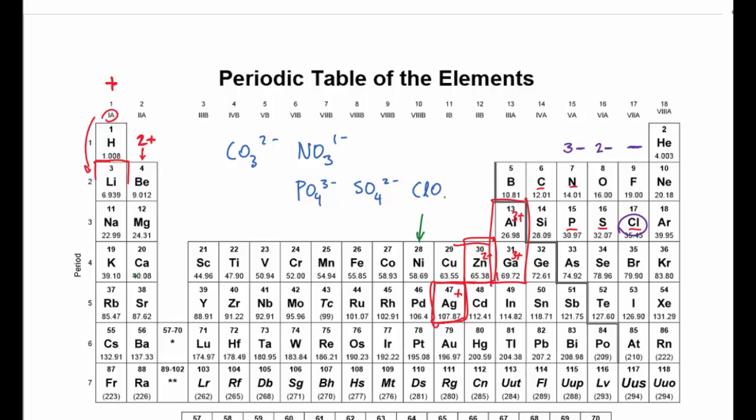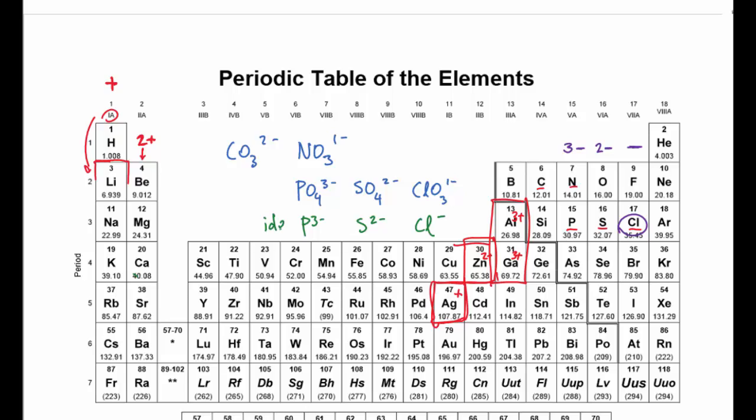chlorate, the O goes down by 1, but based on periodic law here, you can probably guess what the charge of chlorate would be. See how that works? The other slightly handy thing here is that P, S, and Cl have the same charges as the monoatomic ions do: phosphide, sulfide, and chloride.